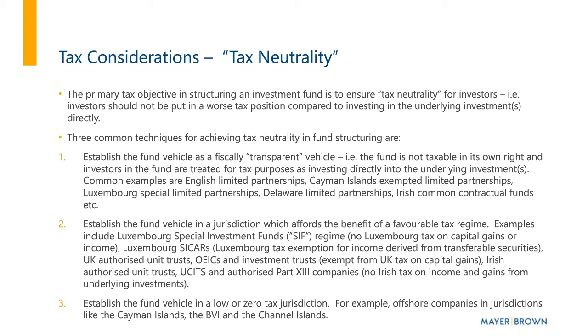Gaining importance is the Irish ICAV, which is increasingly used. The last option is to establish a fund in a low or zero tax jurisdiction. Examples here, as we've said, are Cayman for the US, or BVI for US, and typically Channel Islands for Europe.